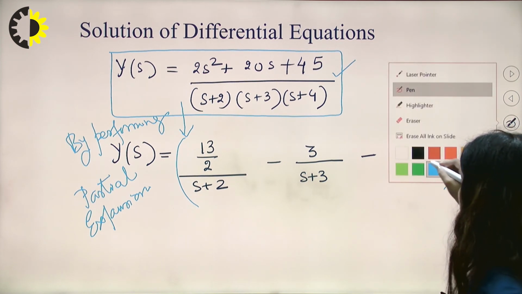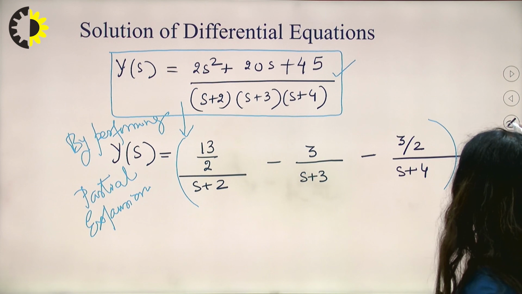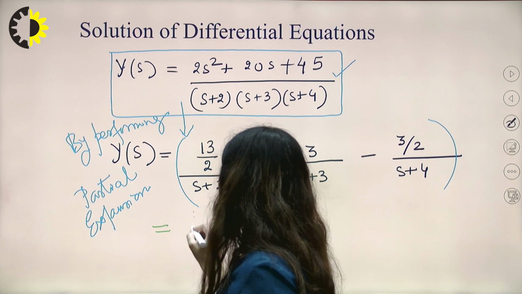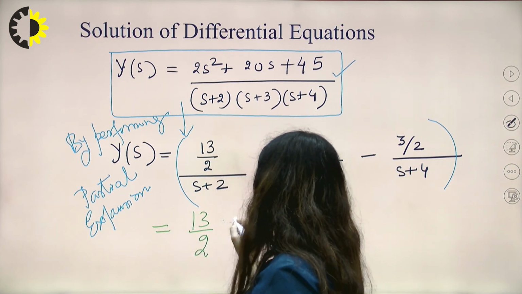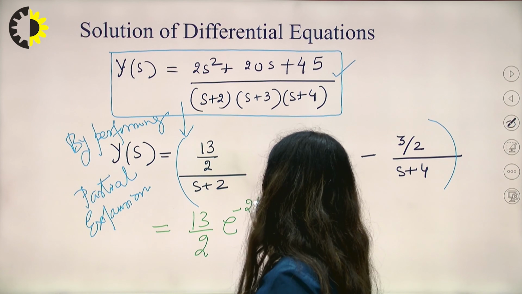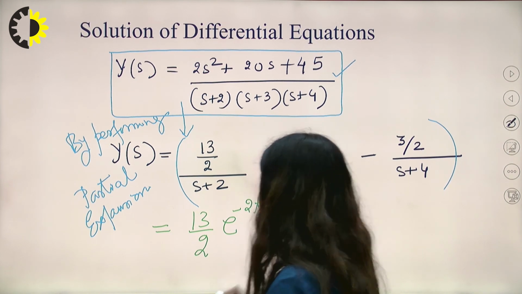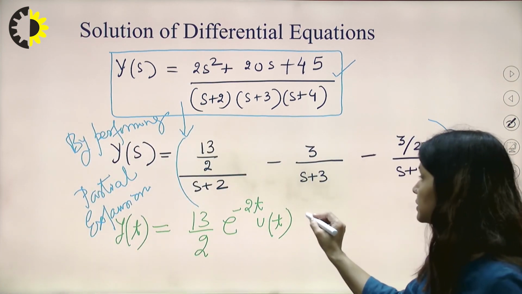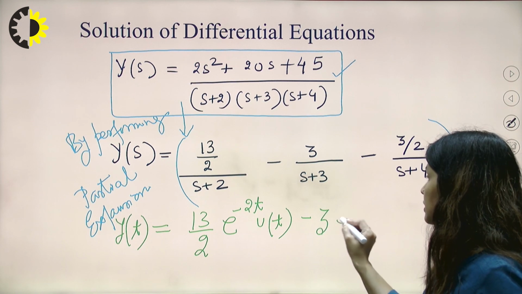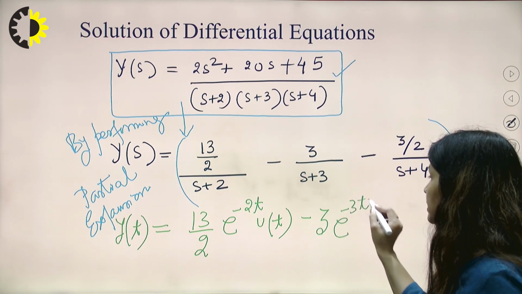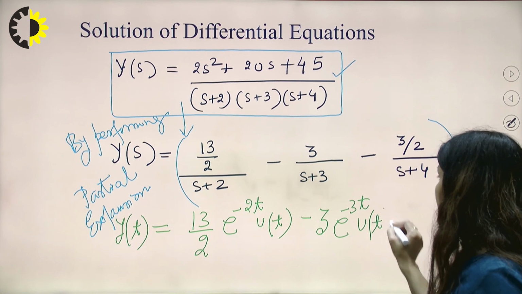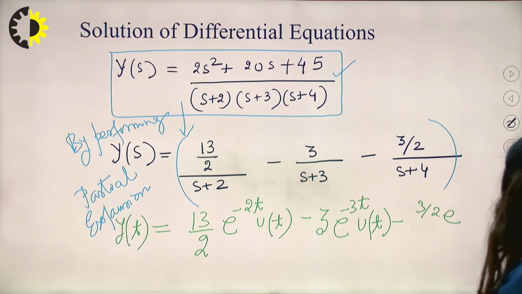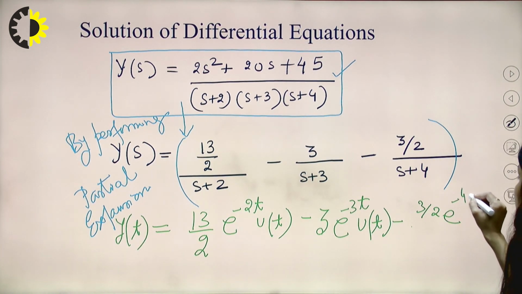Just have a look at this inverse Laplace transform: 13 by 2 e raised to the power minus 2t u(t) will be the inverse transform, and here we write y(t), minus 3 e raised to the power minus 3t u(t) and minus 3 by 2 e raised to the power minus 4t u(t).